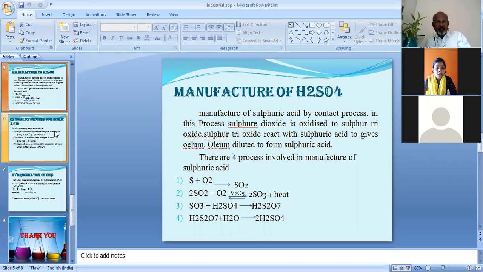In the third reaction, sulfur trioxide reacts with concentrated H2SO4 to form oleum, and in the fourth reaction, oleum is diluted to form sulfuric acid. Sulfuric acid is used in drugs, dyes, paints, and pharmaceutical industries. So next.